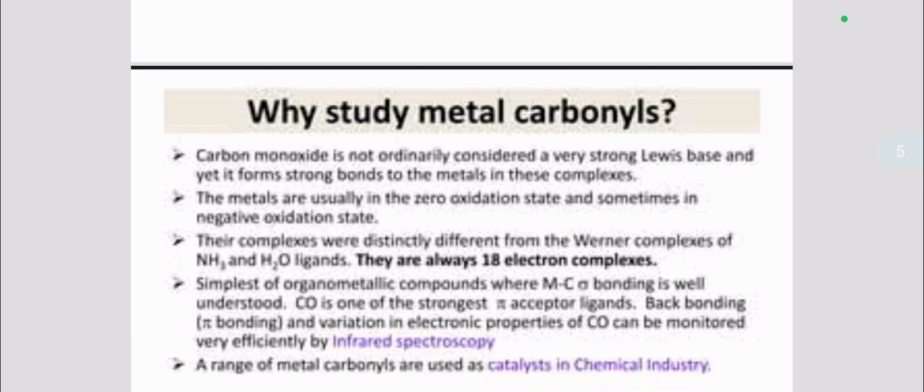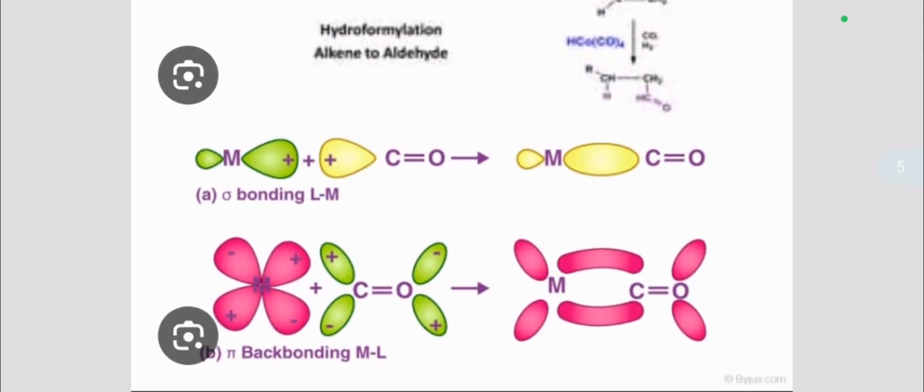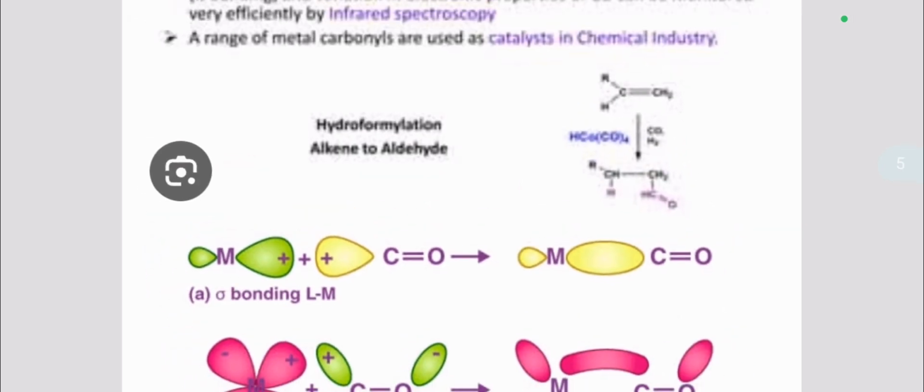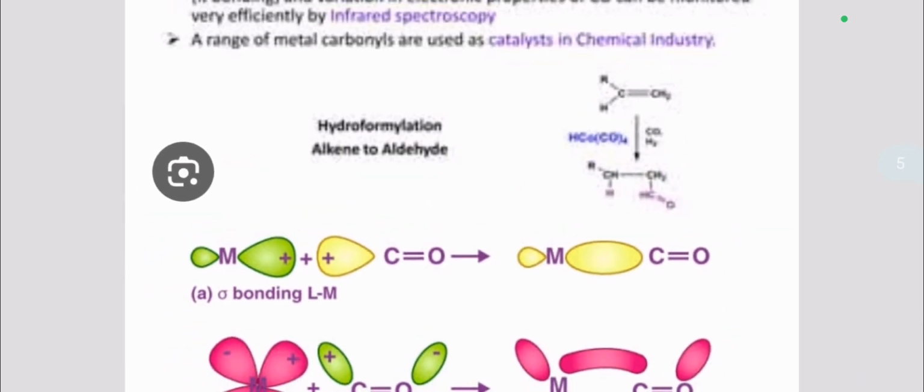CO is one of the strongest pi electron acceptor ligands. Another point is that these are used as catalysts in the chemical industry. That's why we study the metal carbonyls. Then we move to the next slide. Here observe this.